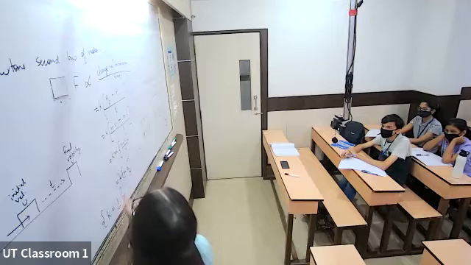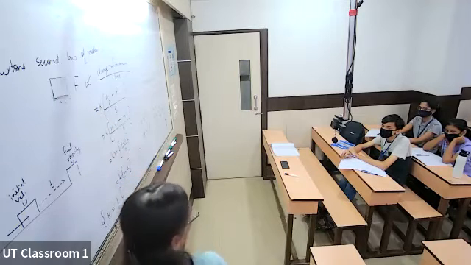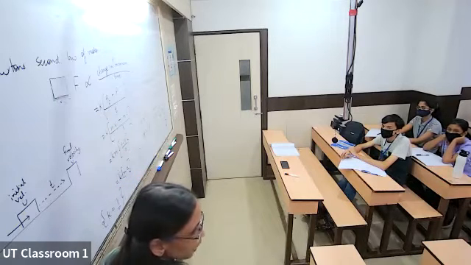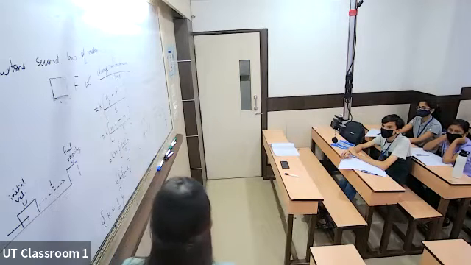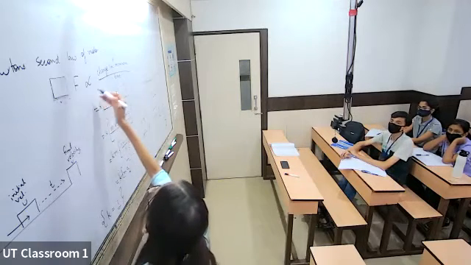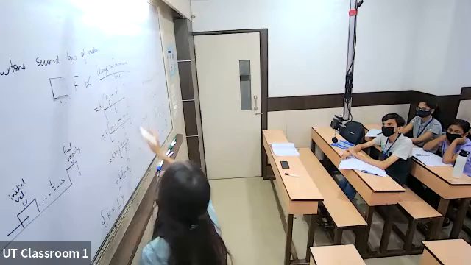If this k is 1, that means force is equal to what, mass into acceleration. Are you getting what I'm trying to say? ठीक है। So force is directly proportional to change in momentum upon time.